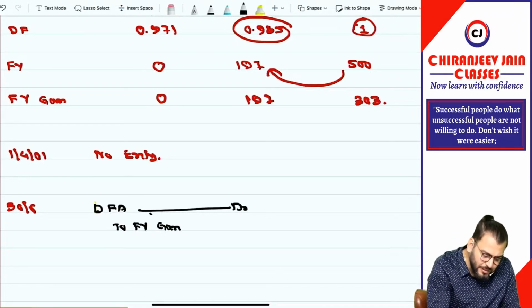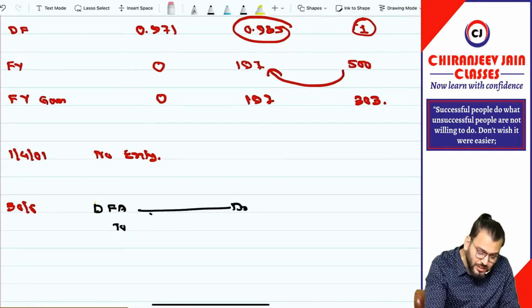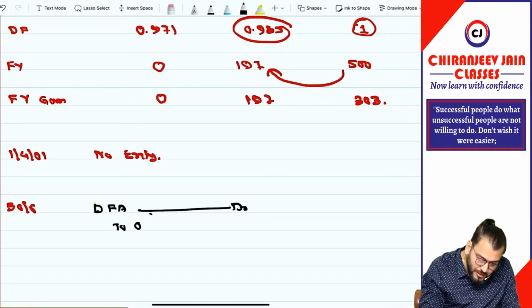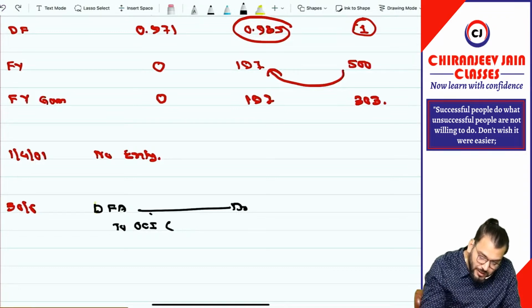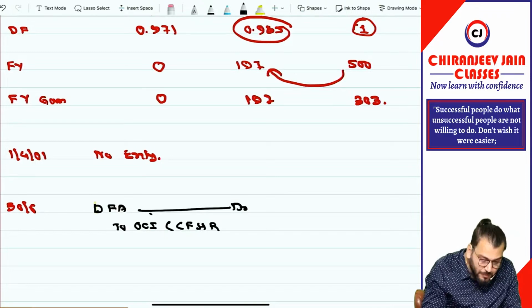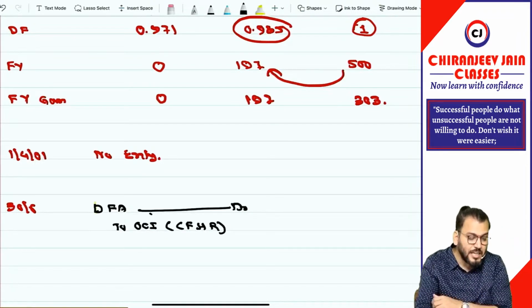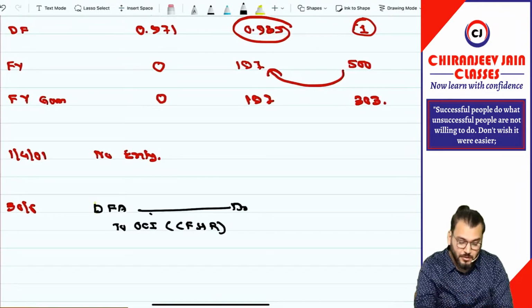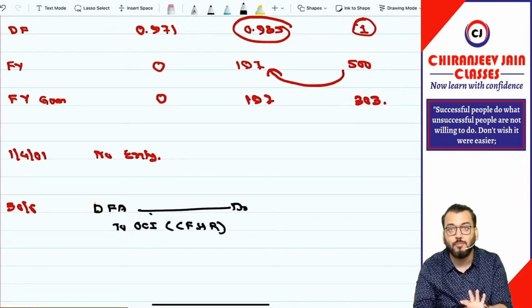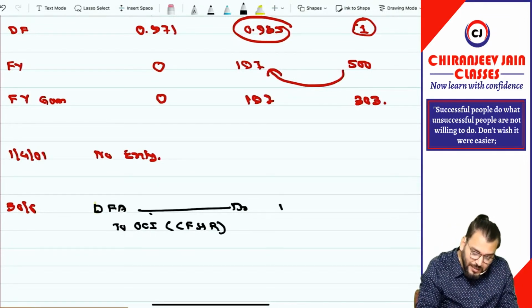Better you write it this way: to OCI, cash flow hedge reserve. In the exam, write down the full cash flow hedge reserve. You can write to OCI cash flow hedge reserve or to cash flow hedge reserve OCI. Both are correct. This is 197.